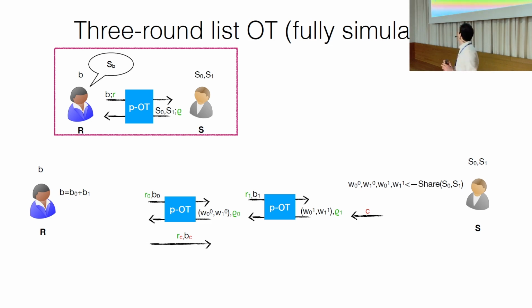And now we need to make this protocol simulatable also against a corrupted sender. We want to be able to extract the input also of the corrupted sender. So what we could do is the following. Well, let's play the same trick. Instead, the receiver now says, give me the input you have used when generating the messages of the blue OT with index C prime.